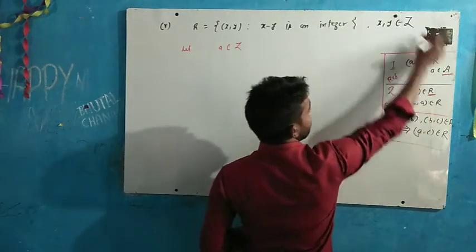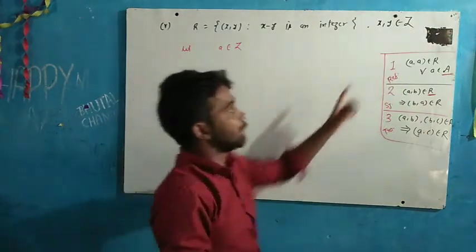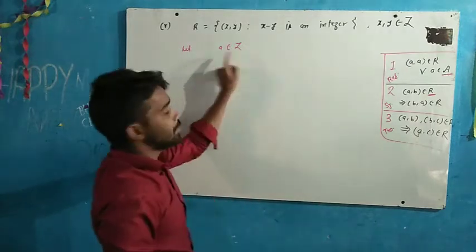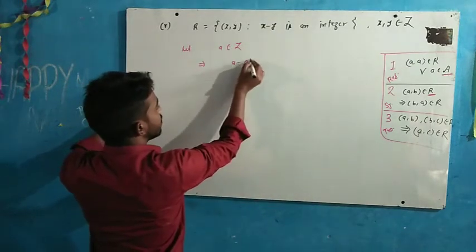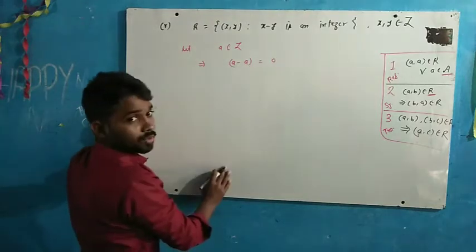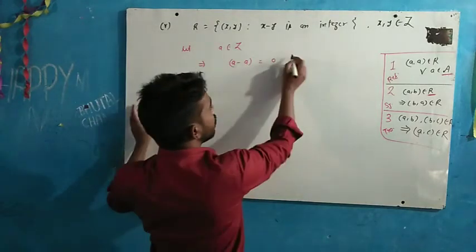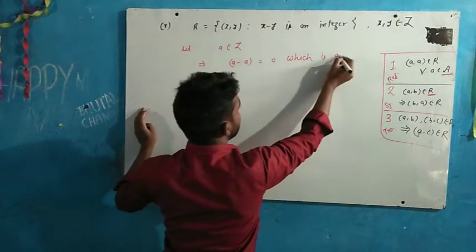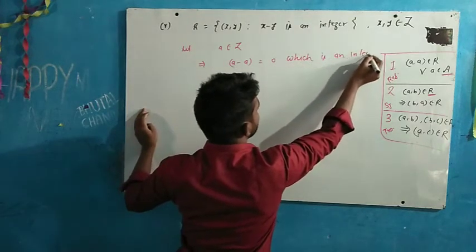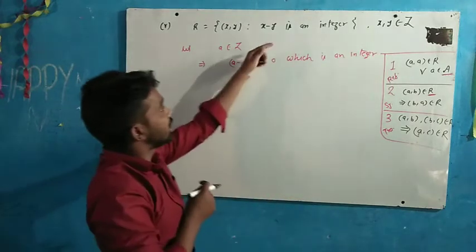Here in the place of capital A, capital Z. Here we have to focus on the capital Z. Since a belongs to capital Z, we know very well a minus a is equal to 0, which is an integer. Clear? So what have we seen here?